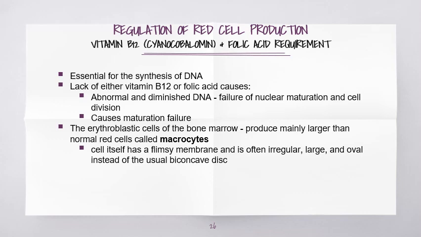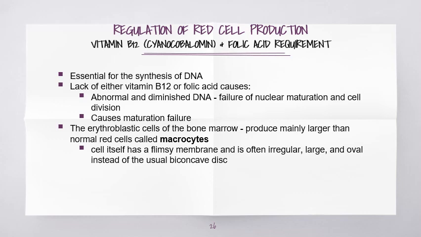So another effect of this in the bone marrow on the hematopoietic system is that the erythroblastic cells will actually become larger than normal. So we call them macrocytes. Okay? These macrocytes will have a very flimsy membrane and are often irregular, super large cells, and appear oval instead of the usual biconcave disc.